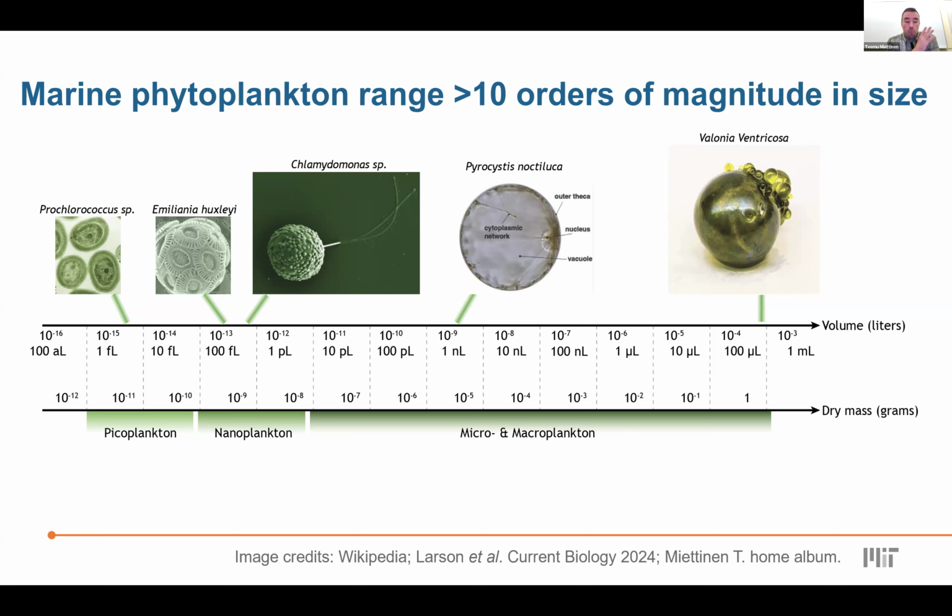Then there are better-known organisms for a lot of you. Potentially E. huxleyi is an example, or Chlamydomonas, which is the most studied model system for phytoplankton. These would be nanoplankton in their size, so the size of a budding yeast cell or small mammalian cell.